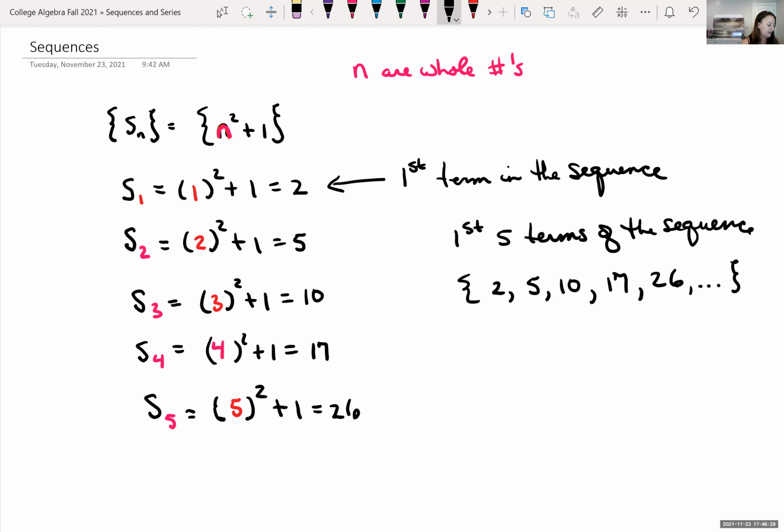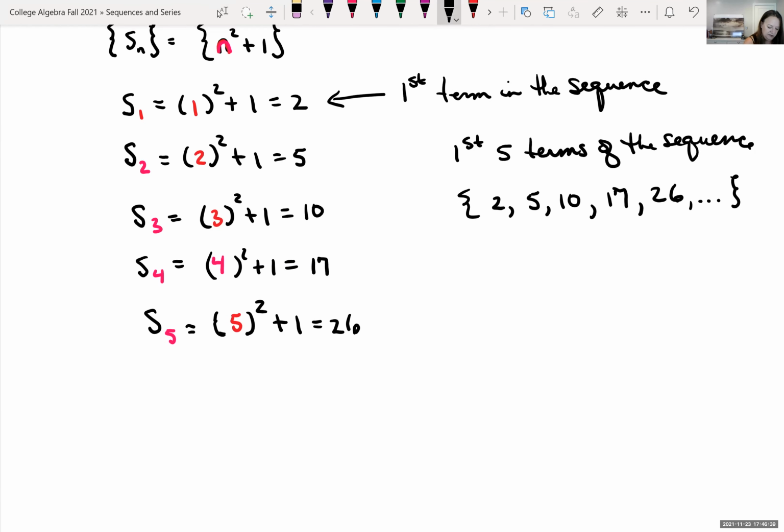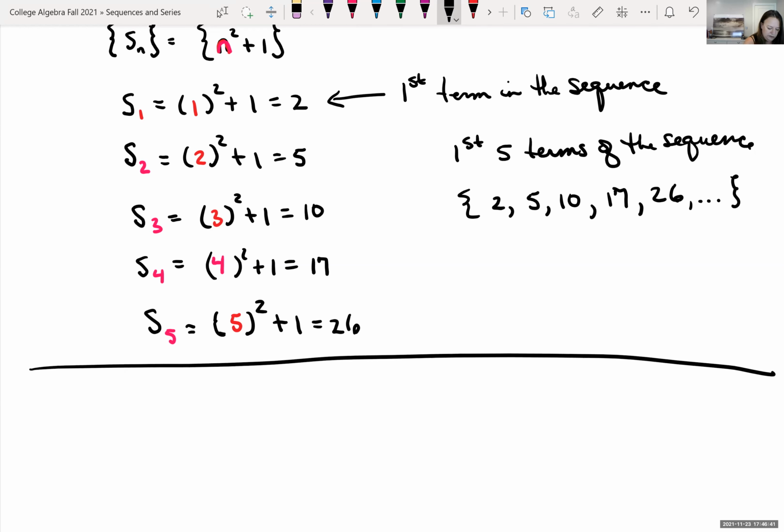So again, these are kind of like functions. For instance, let's say you have the example, let's call it C sub n.